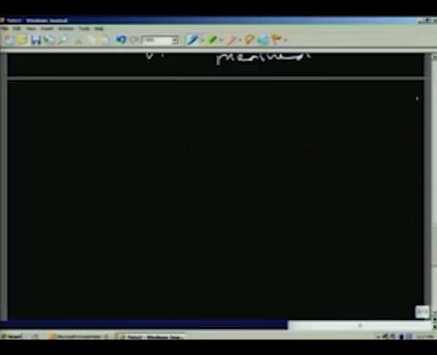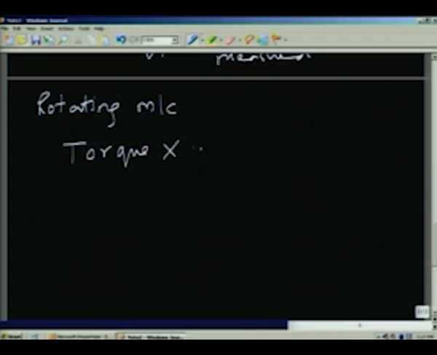So, why do we measure the torque? If you have a rotating machinery, the torque multiplied by the angular velocity actually gives the power.